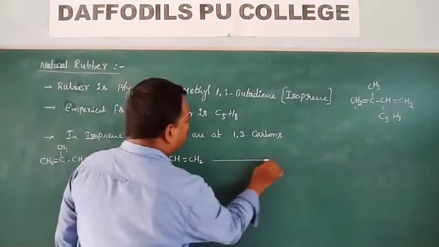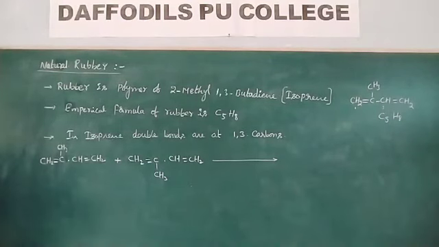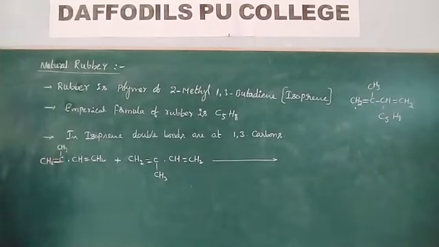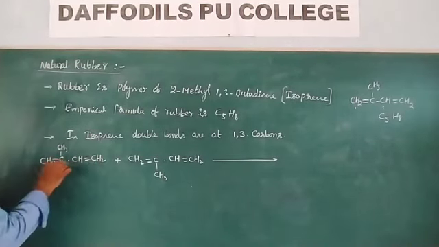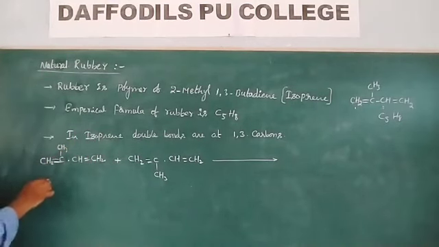When these two isoprene units are connected, you get a polymeric chain. These are isoprene units. In isoprene units, the double bonds are present at the first carbon and third carbon.